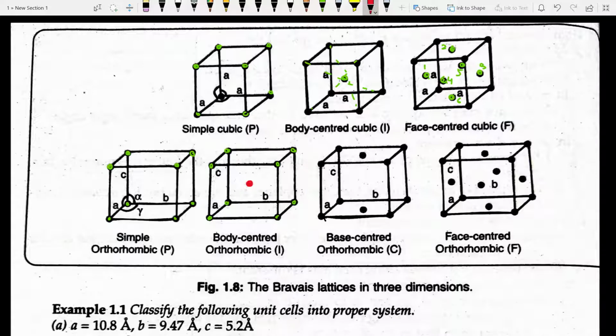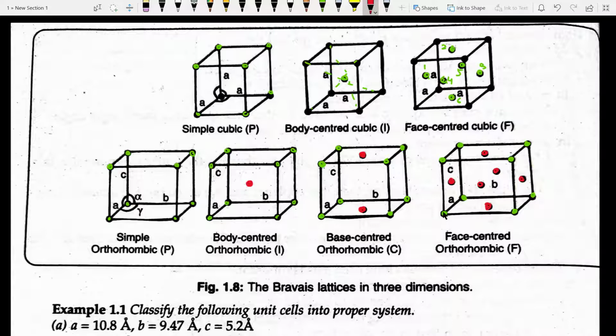In base centered, all the atoms are present at the corners, and two atoms at the center of the faces: one top face, one bottom face. In face centered, all the atoms are present at the corners, and at the center of each face, 6 faces, 6 atoms.